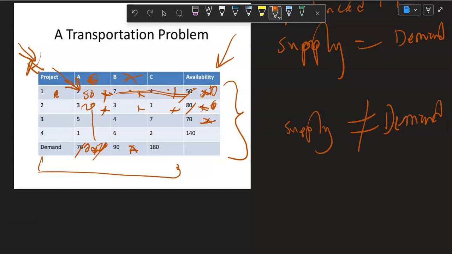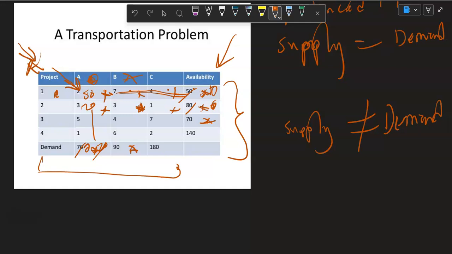Okay, let's continue. This guy doesn't need anything. So what is your next northwest box? You realize that your next is the 3, this particular box here. So you are dealing with demand B and supplier 2. Demand B needs 90. What does supplier 2 have? Because he gave out 20 to store A, he only has 60.